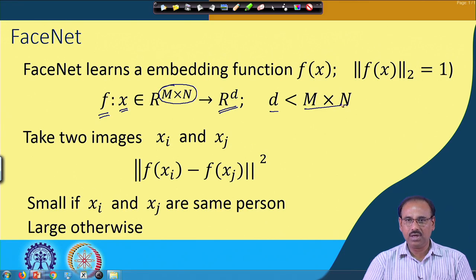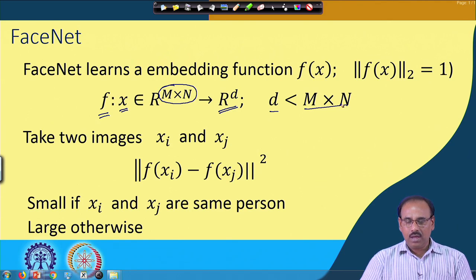Rather, the deep neural network has to learn this embedding function f by making use of the training data made available to the system. And the approach is, again, as we have seen before, that we define a loss function, and gradient descent on that loss function, in a backpropagation way, will train the neural network in such a way that this deep neural network will learn this embedding function f.